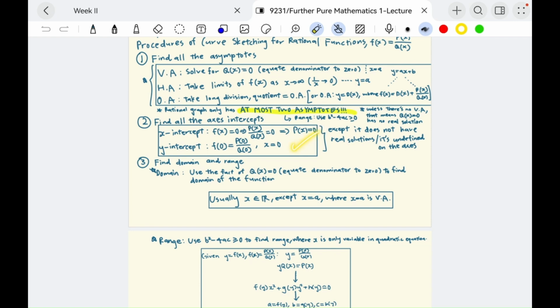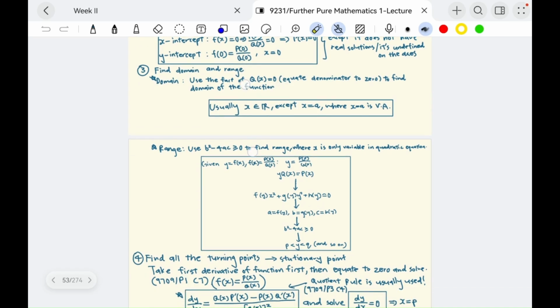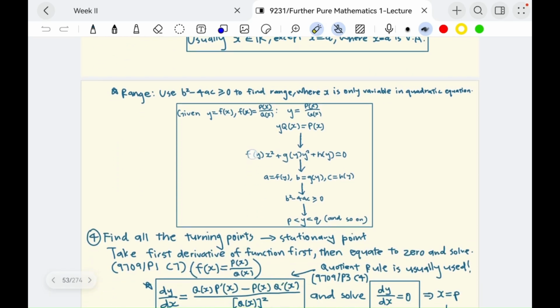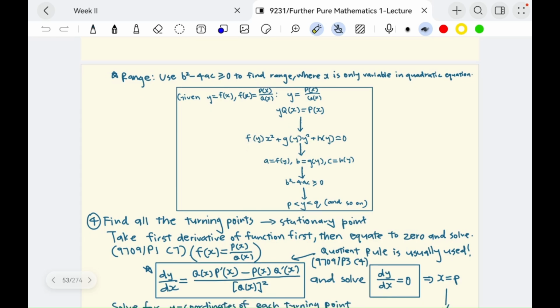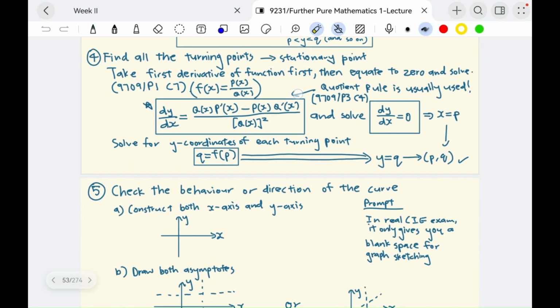And the third thing is to find the domain and the range. Remember, x is always real numbers except the VA. For the range of y, you have to take b squared minus 4ac greater than or equal to 0 to solve for it. The range of y can be multiple.